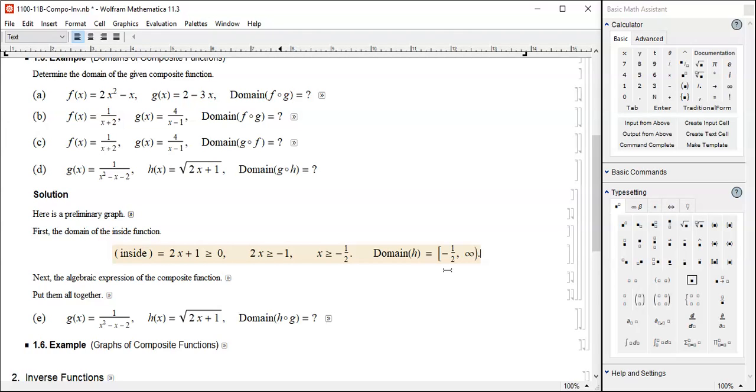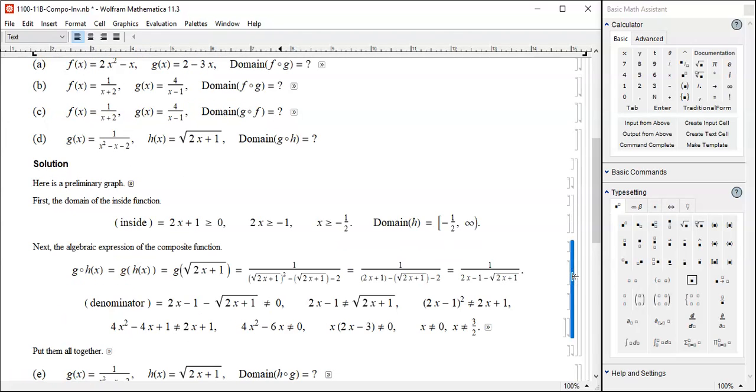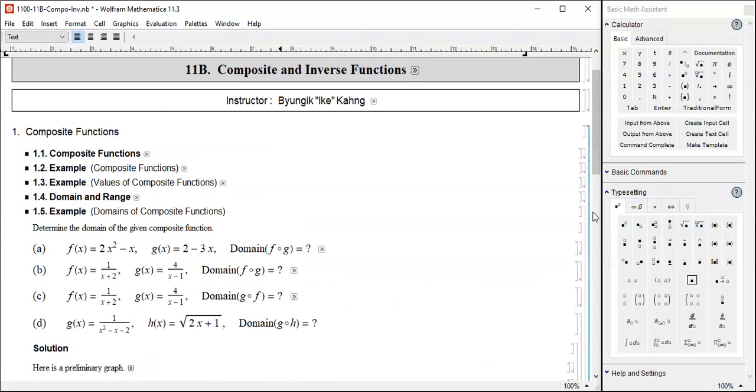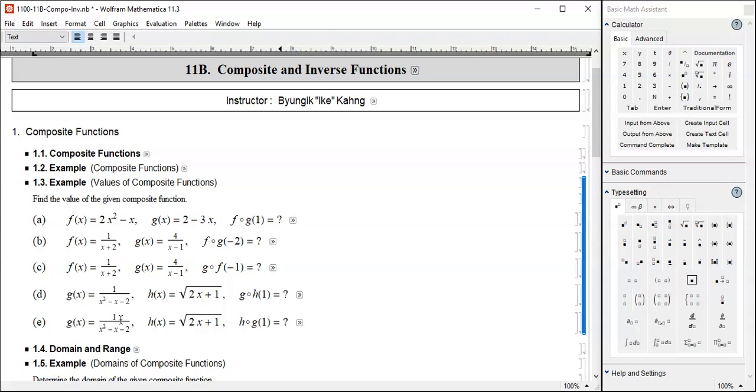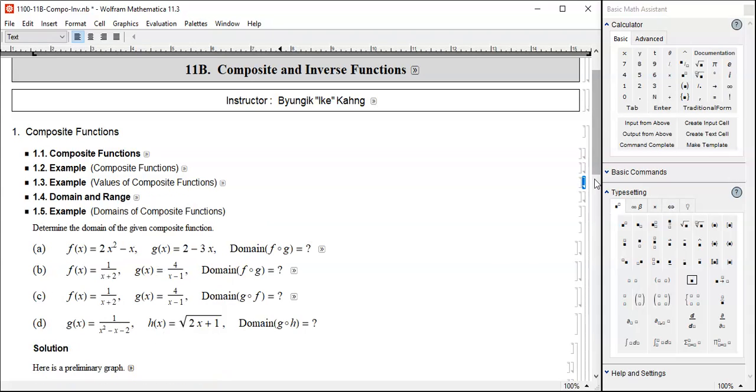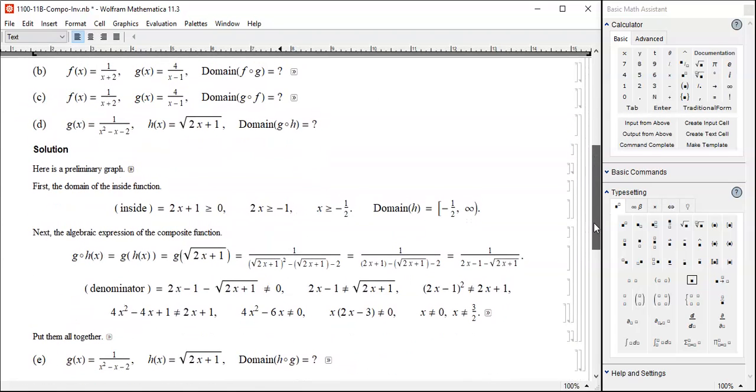Okay, let's get the algebraic expression of the composite function. And okay, I'll assume everybody did this in the previous set. I left those two problems to students, and I assume everybody did it already.